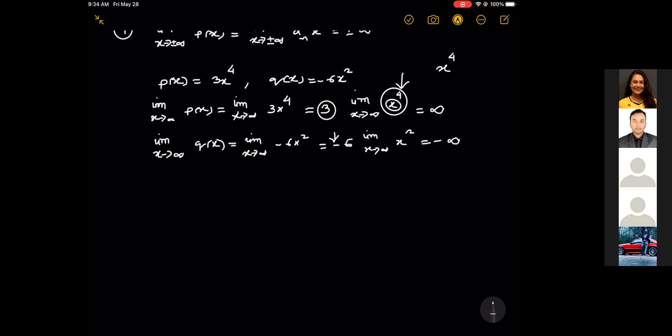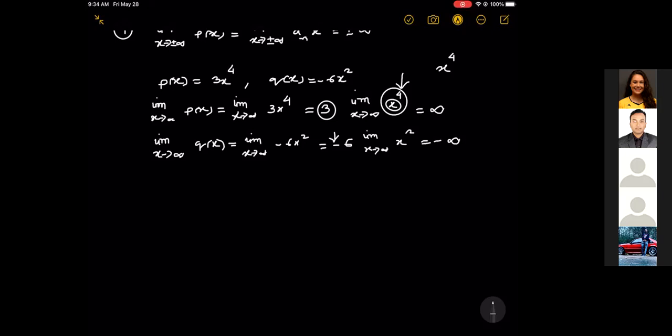Can you imagine why? Because this negative sign signifies that your function is decreasing. How far can it go when it's decreasing? It can go up to negative infinity, right?